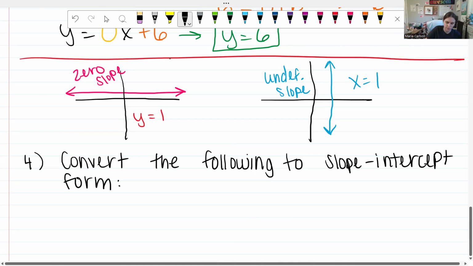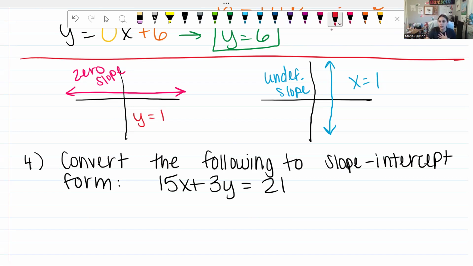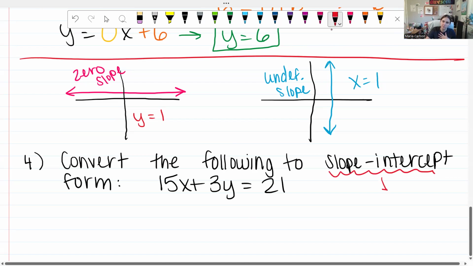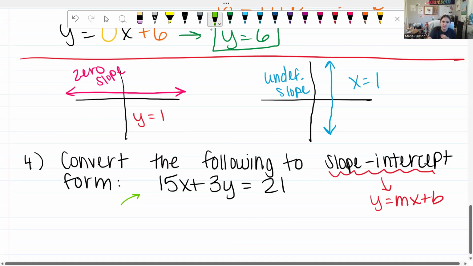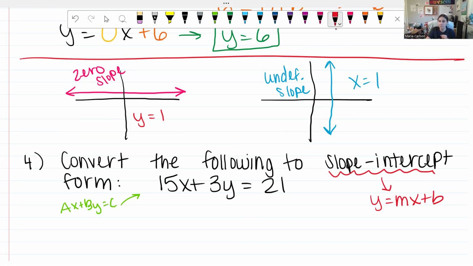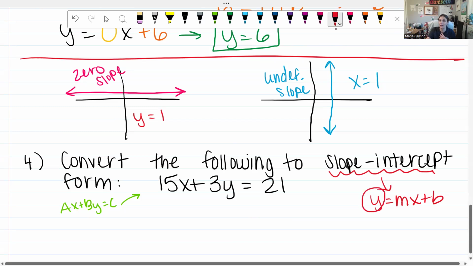And we are going to convert 15x plus 3y is equal to 21 to slope-intercept form, which again, slope-intercept form is our fan favorite. y is equal to mx plus b. The form we have right now, this is standard form. This is that ax plus by is equal to c. In order to turn this into slope-intercept form, we need to solve for y. I need to get y all by itself.